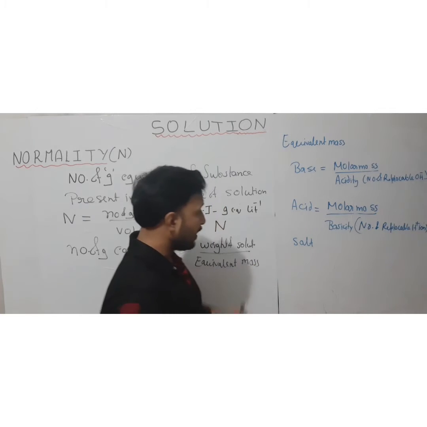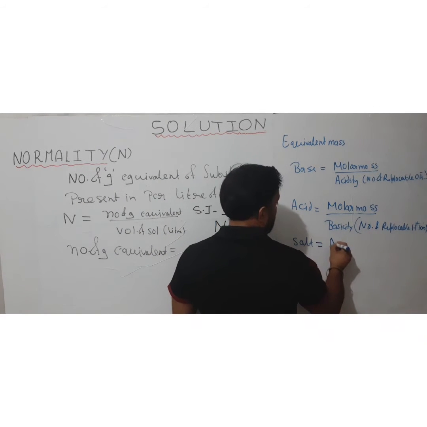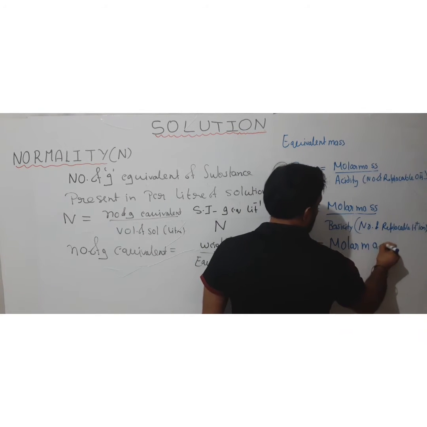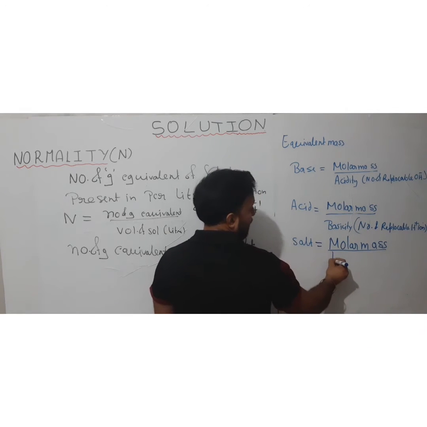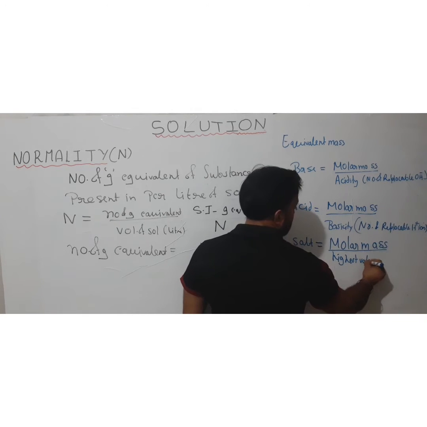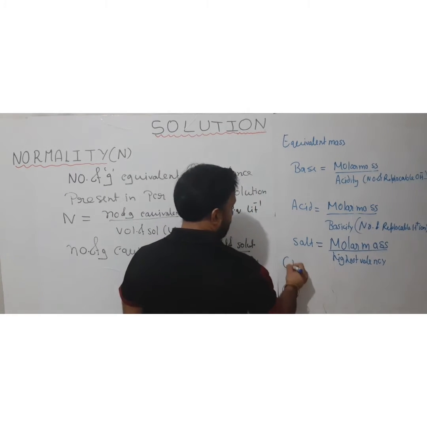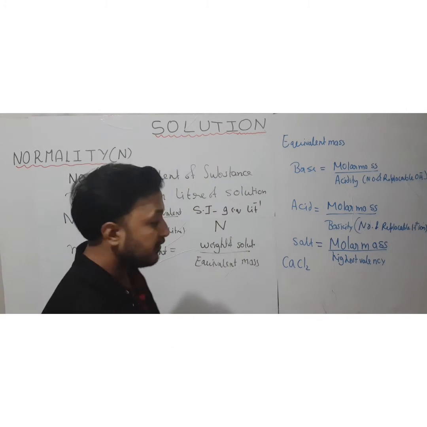Now we move to the next one, that is salt. For salt, the equivalent mass will be the ratio of molar mass of the substance divided by the highest valency. Like suppose we have CaCl2, calcium chloride, this is just an example.